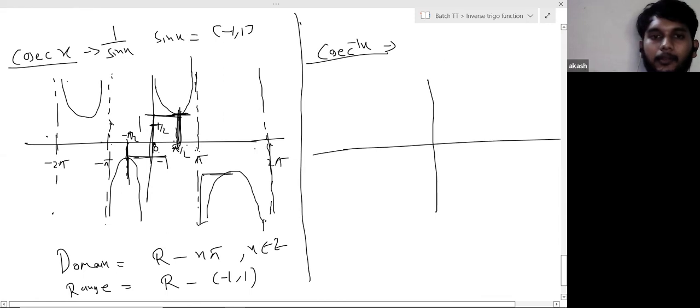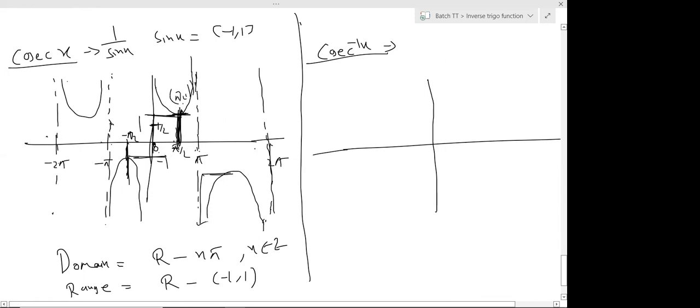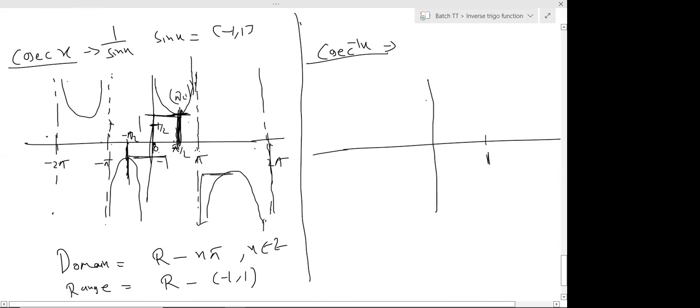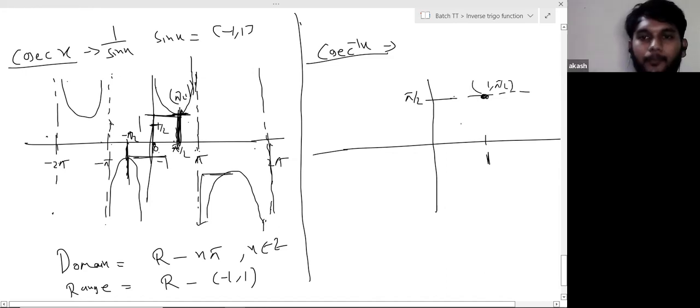This point first is pi by 2 comma 1, so this is 1 comma pi by 2, as the axes change. This is a bit complicated, right? The minimum value will be minus pi by 2. Here at 1 we are getting pi by 2, and at infinity we are getting 0, so one point will be here. So this part looks like this.